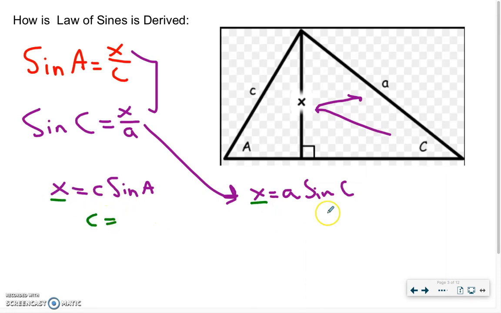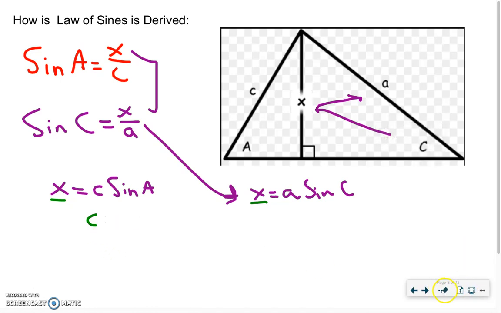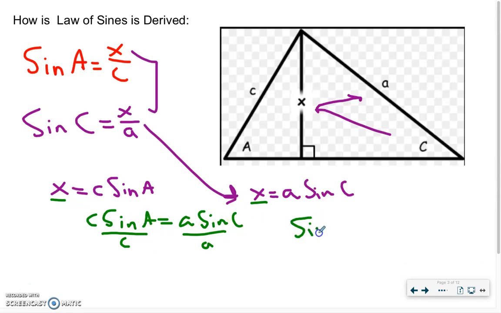So C sine of A then has to be equal to A sine of C. And using the property of division and equality, if we divide by A on this side and then divide by C on this side, we end up getting the sine of A over A is equal to the sine of C over C.